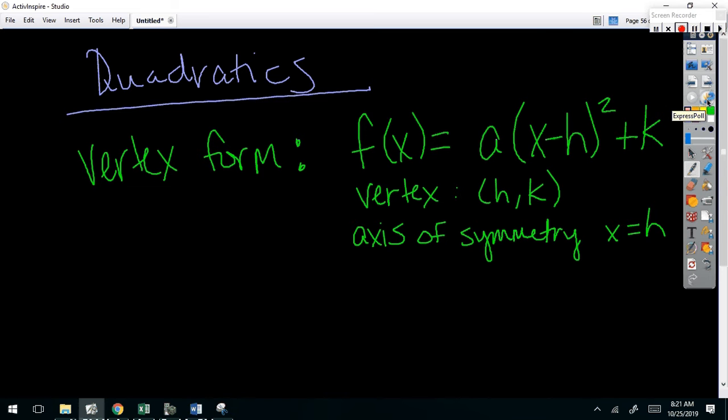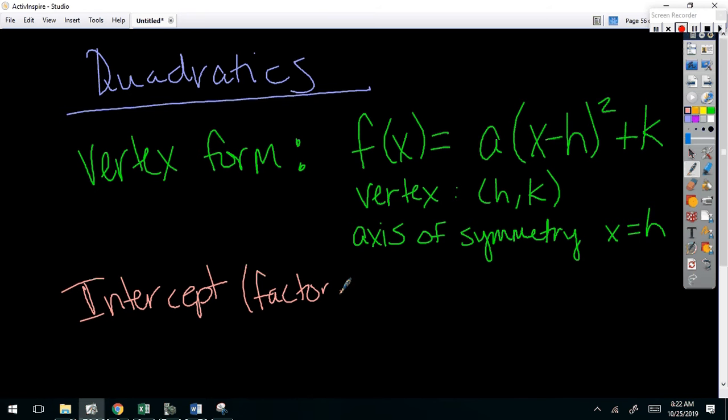Next form we have, Robert, if you put that away, please, is what we call intercept form, which is basically just factored form. So it's what you get when you factor it out. It makes sense.